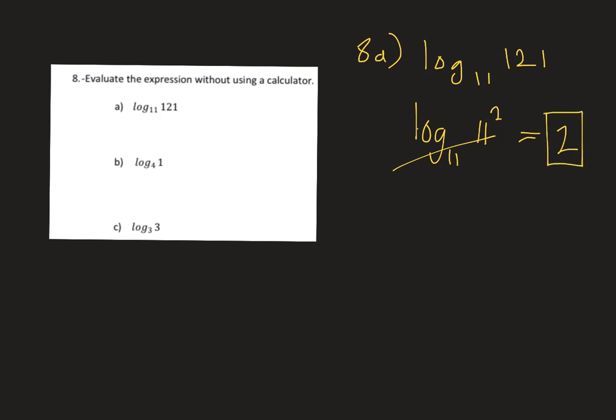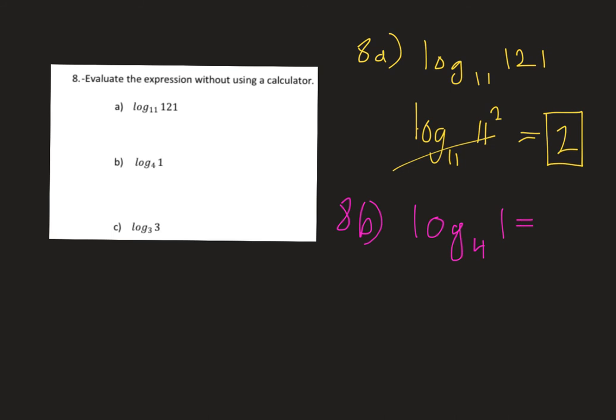All right, so that's our rule of logarithm. Whenever you have log base a to the nth power, that equals n. It simplifies that much. Okay, and then 8b, this rule is even easier. If you think about anything to the 0 power, that is always equal to 1.